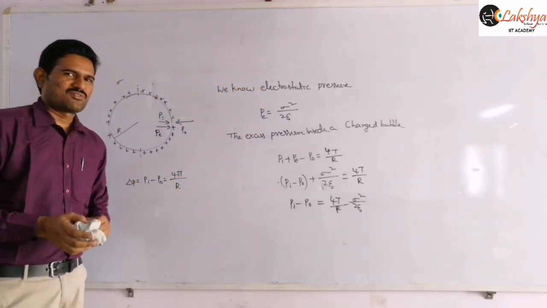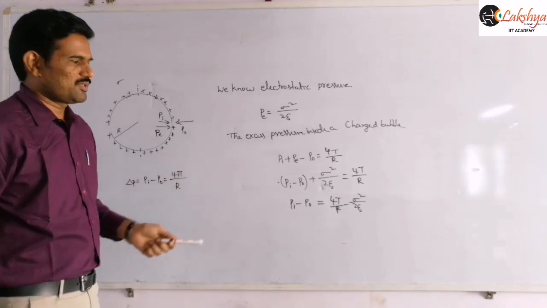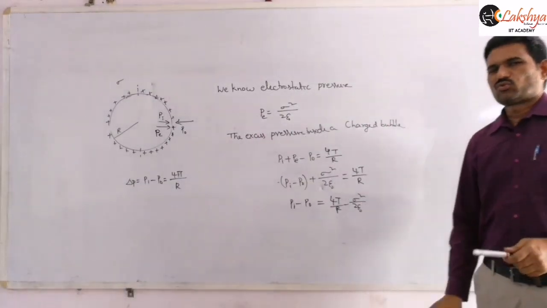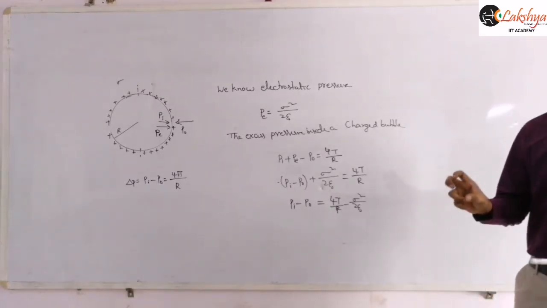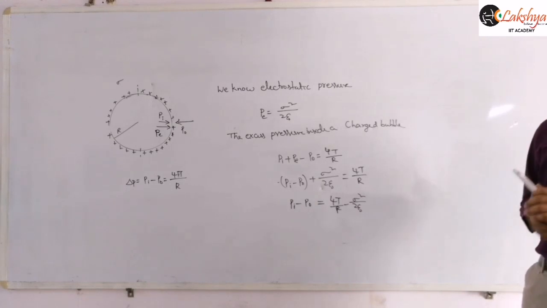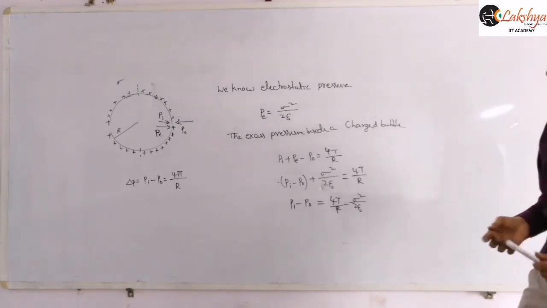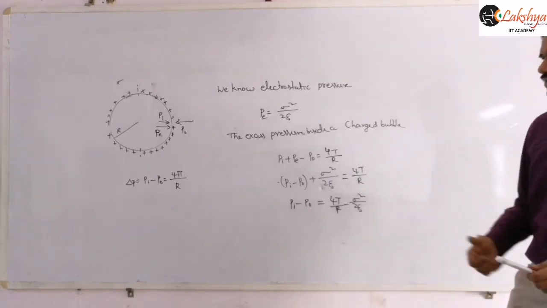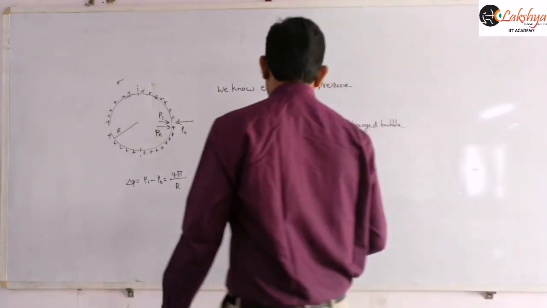Now sometimes they will ask a question like what will be the charge density to be given to this bubble, so that the net excess pressure on that bubble will be 0. The resultant excess pressure inside and outside must balance with each other. Balance with each other means this value must be equal to 0. Then you can equate and find the sigma value.